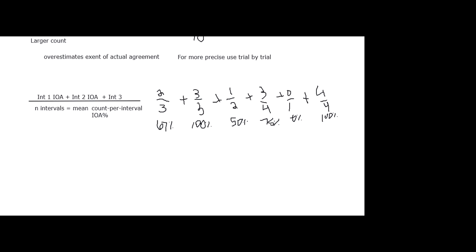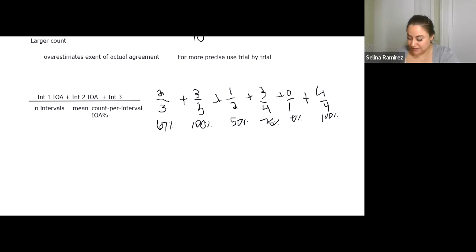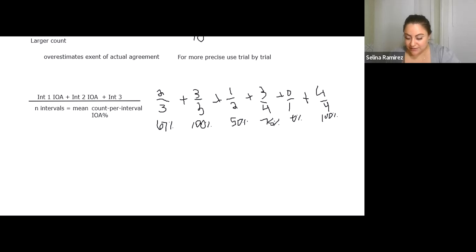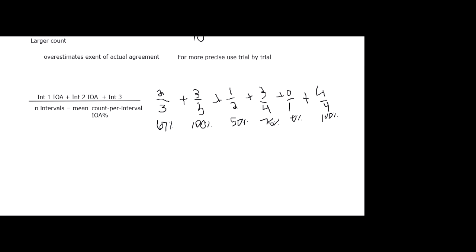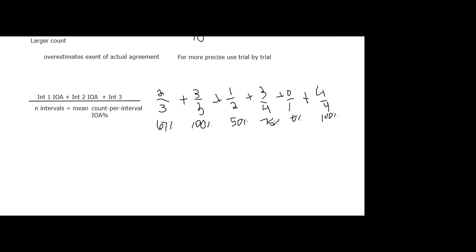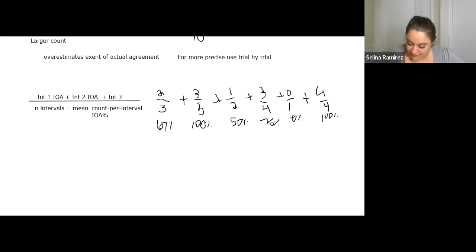I got 417. What did you get? I got 392. Maybe I made a mistake. Let me do it again, because I got 392. Yeah, 392. You're right. Sorry. Divide by 6. Divided by 6 gives us 65.